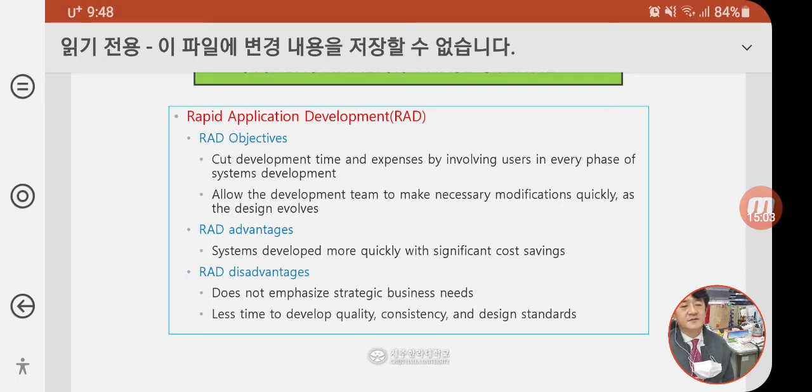RAD objectives: cut development time and expenses by involving users in every phase of system development, and allow the development team to make necessary modifications quickly as the design evolves.